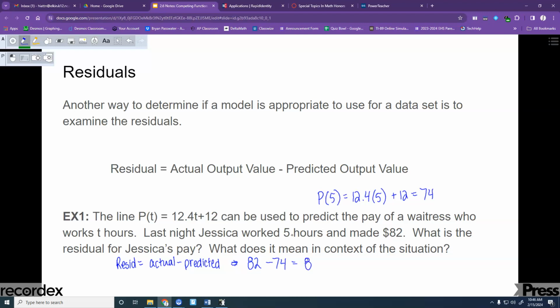Okay, what does that mean for Jessica? She made more than we predicted. So Jessica made $8 more than predicted.